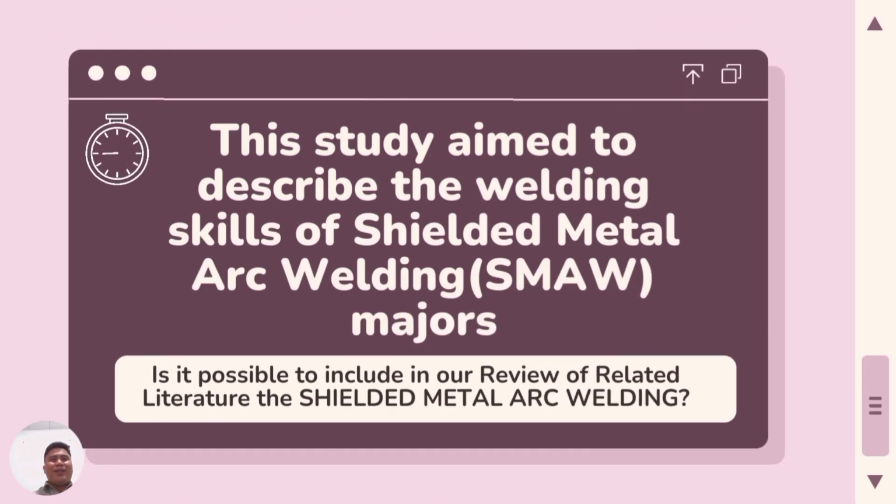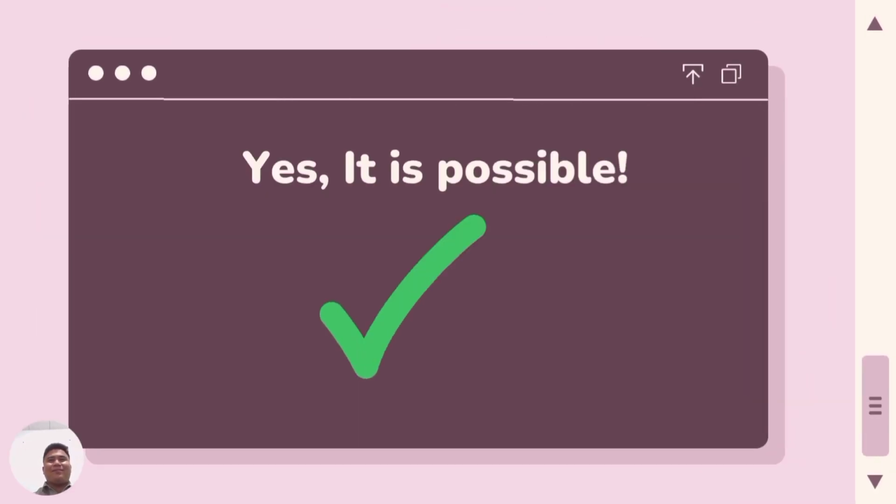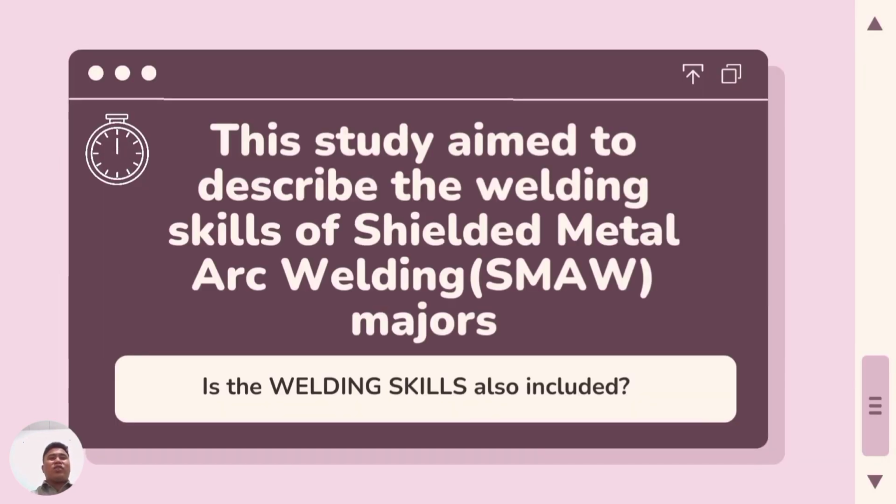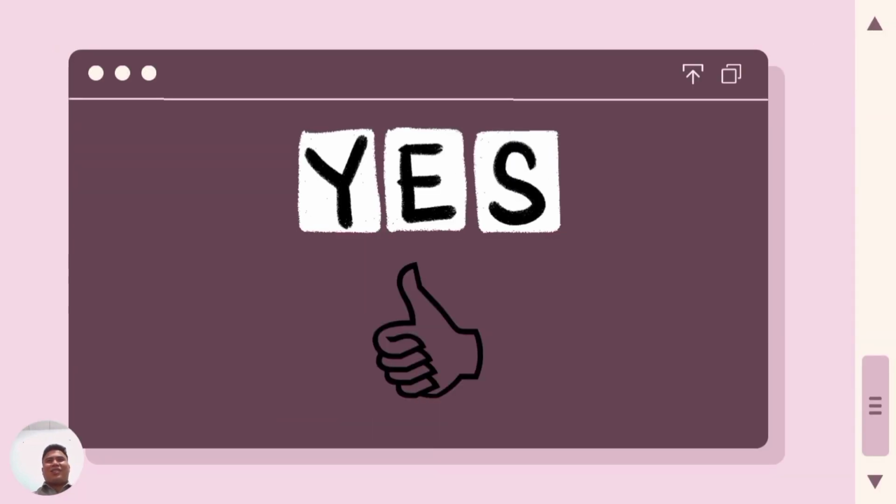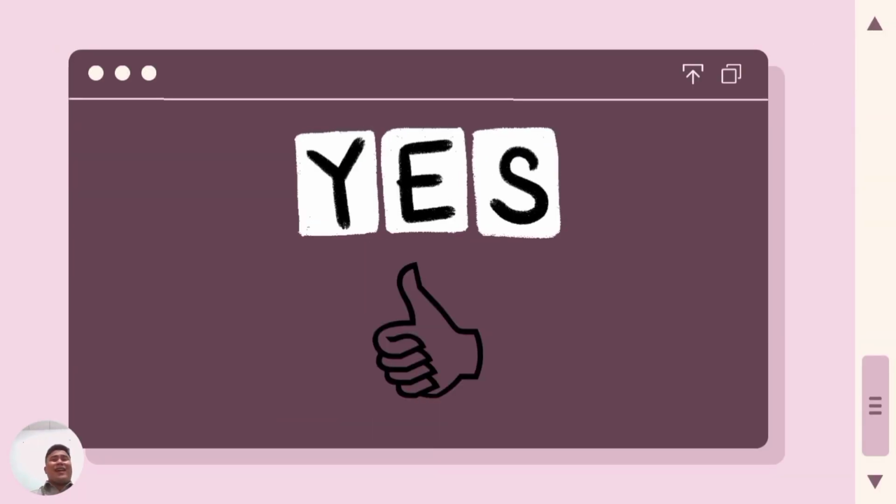Is it possible to include in our review of related literature the shielded metal arc welding? Yes, it is possible. That means you find sources related to shielded metal arc welding. Are the welding skills also included? Yes, the answer is also yes.